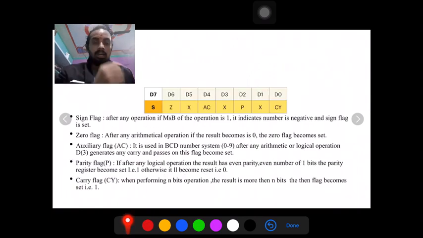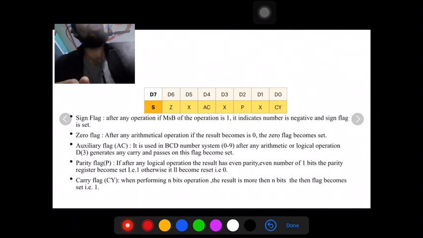Now the first flag I'm going to speak about is the sign flag. After any operation, if the result is negative, then the sign flag is set. Let me give you an example.